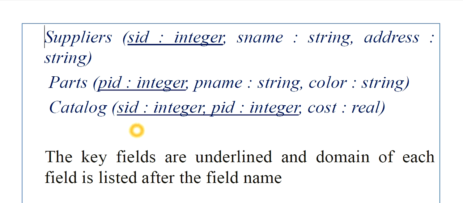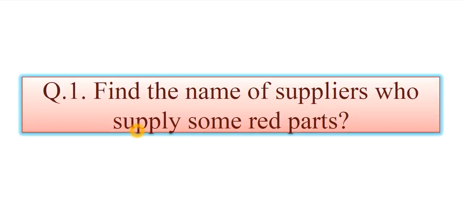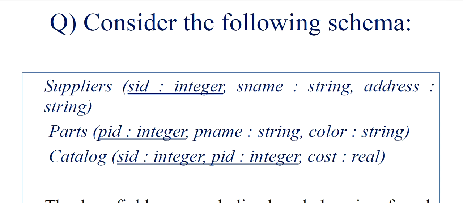Now coming to the question, you have to find the names of the suppliers who supply some red parts. The suppliers table will give you the name, and color as far as the red part is concerned is provided by parts.